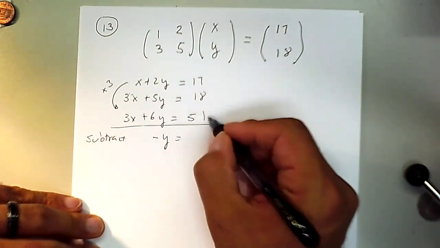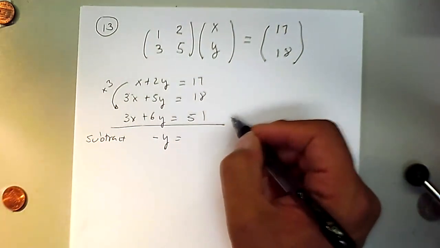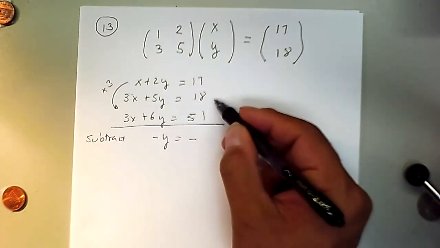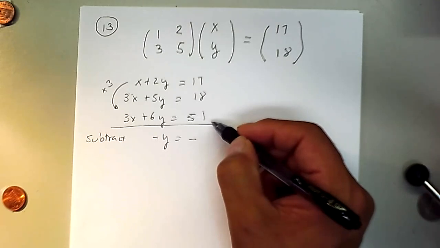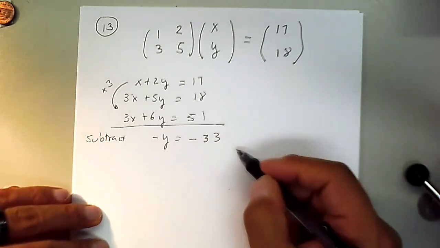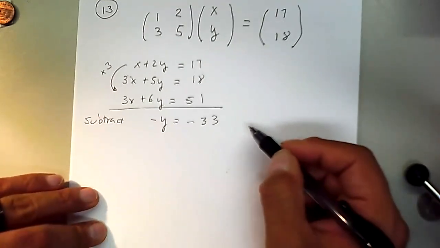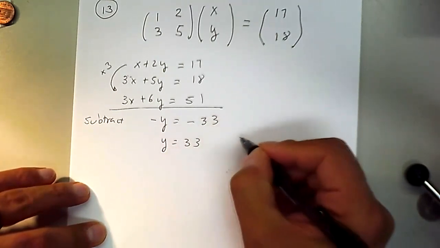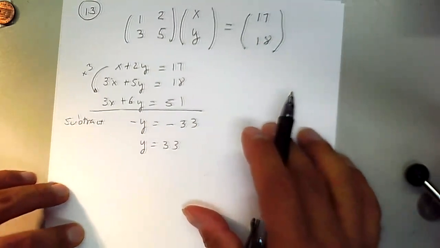And then 18 minus 51 equals negative 33, if I'm not mistaken. I think that is correct. So y equals 33.